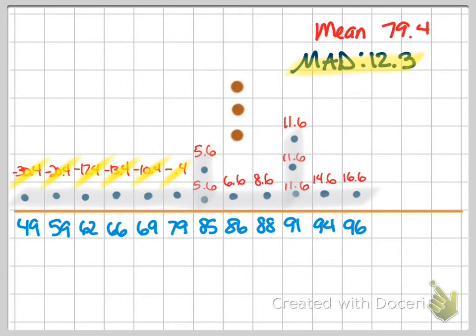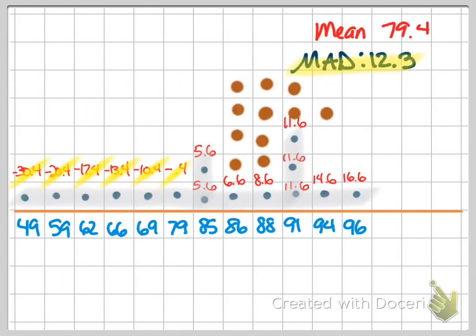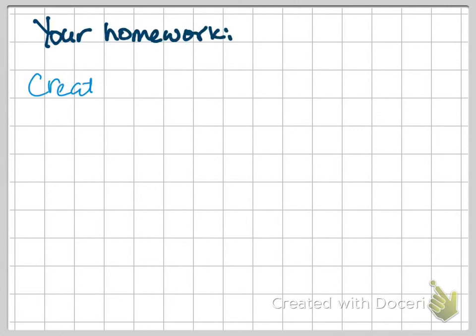Let's say you had data points that were all over the place, like that. And when you have one way out there, that would have a much smaller MAD because all of those points were clustered together.